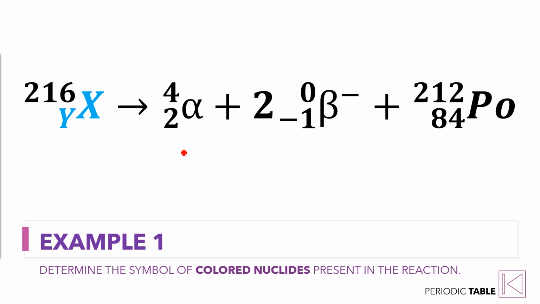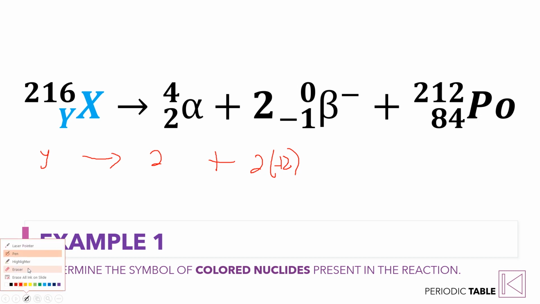Let's start with 2. That's just 2. And by the way, we are solving for the y, because we can't get the x first. We need to know the y first. So we need to solve the y. So that's 2 plus 2 times negative 1. So that's minus 2, right? Oops. How can I undo that? Let me erase that first.